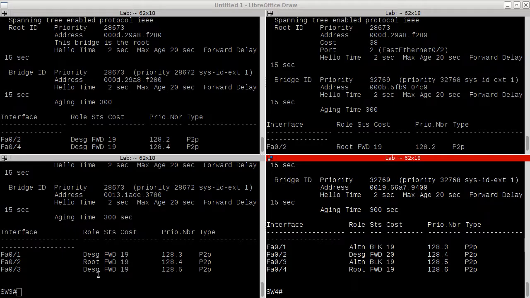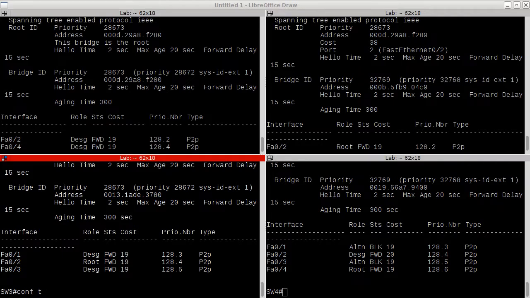So I'm going to guess that even if we change the priority, which one of these two goes blocking and which one goes forwarding is probably only determined by the bridge ID and not by the priority value. Actually, this had a lower priority, so this would have been forwarding anyway. So let's see here.